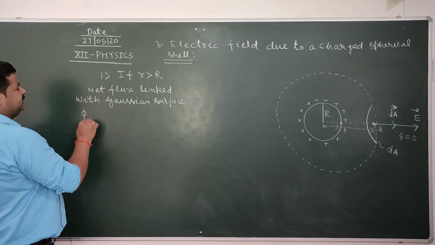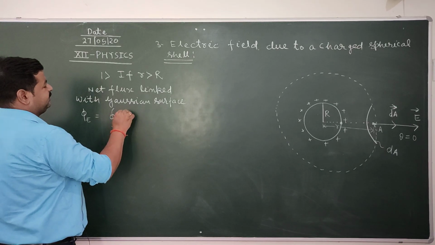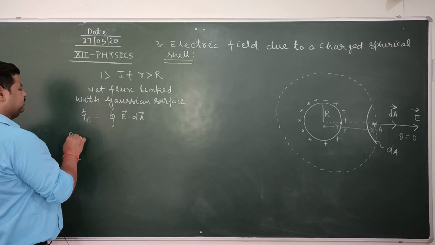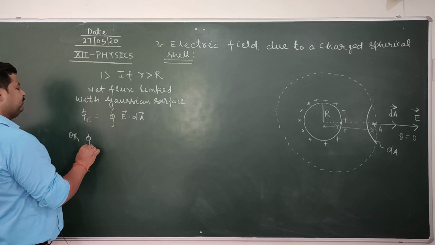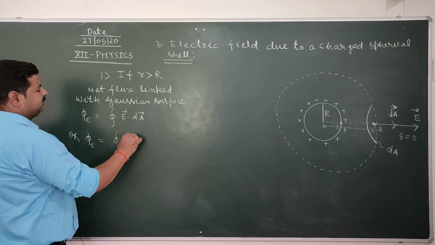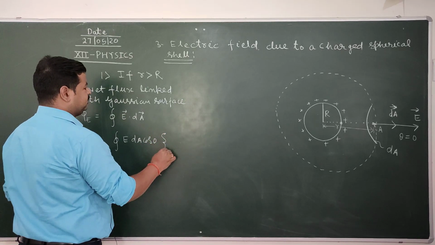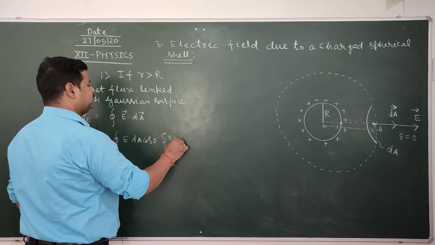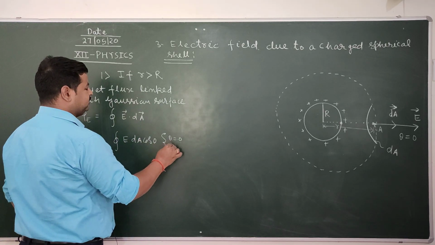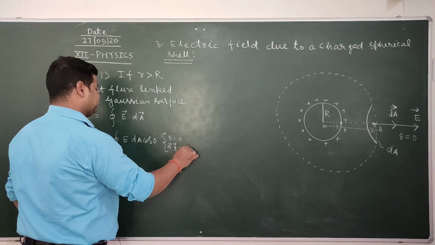So phi E is equal to closed integral vector E dot d vector A, or here we write phi E is equal to E dA cos 0, because theta is equal to 0, and from vector A dot vector B is equal to AB cos theta.